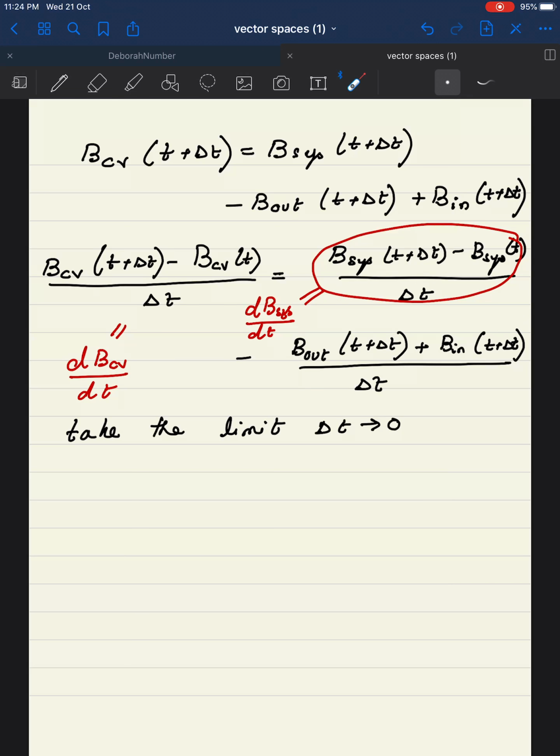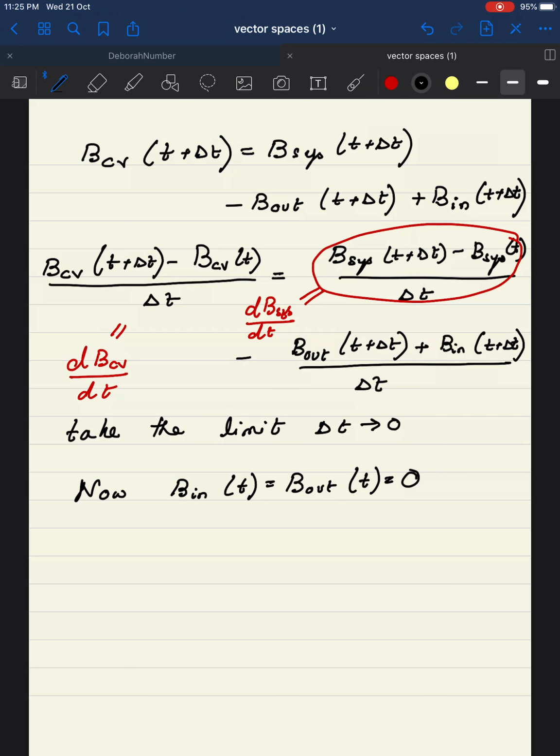Now, B in at t is equal to B out at t equal to 0.